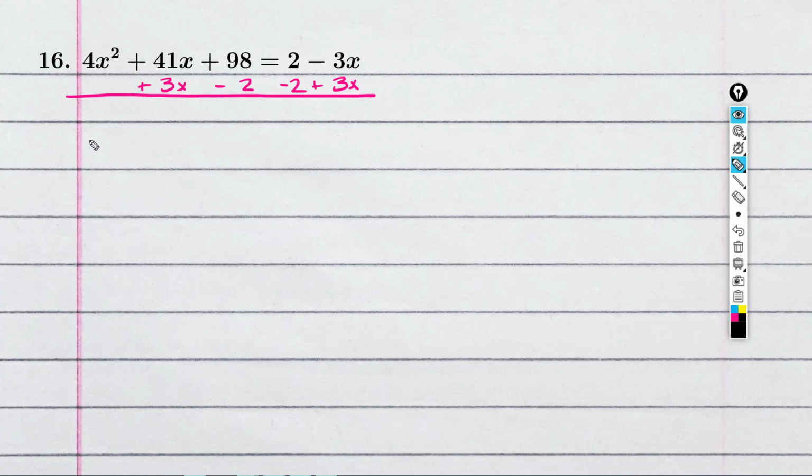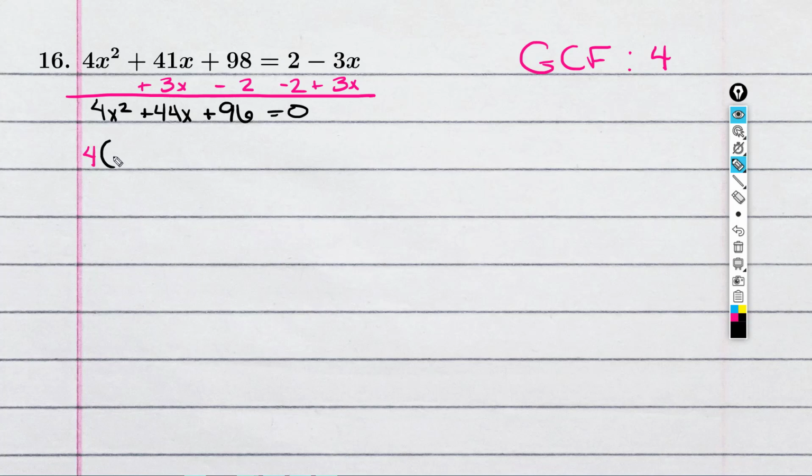When I do that, I end up with 4x squared plus 44x plus 96 is equal to 0. When we look to see is there a GCF, a 4 can divide into all of those terms. So we have a GCF of 4 that we're going to factor out.